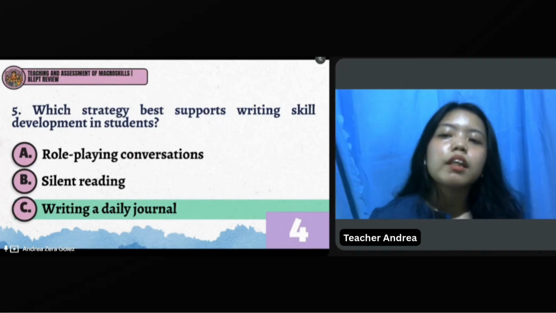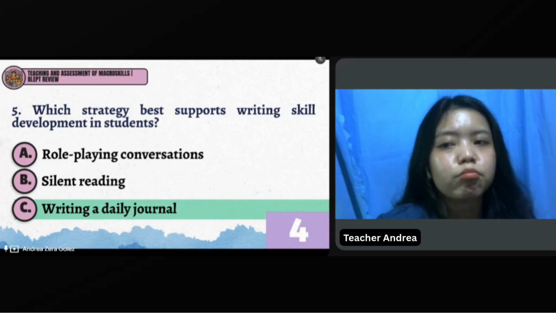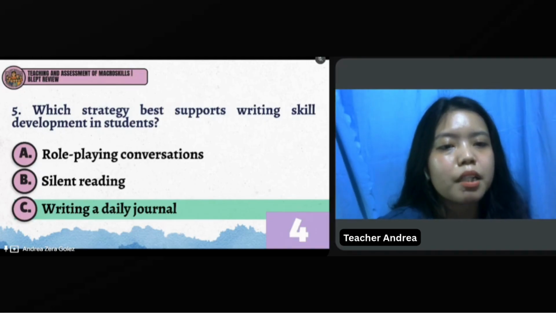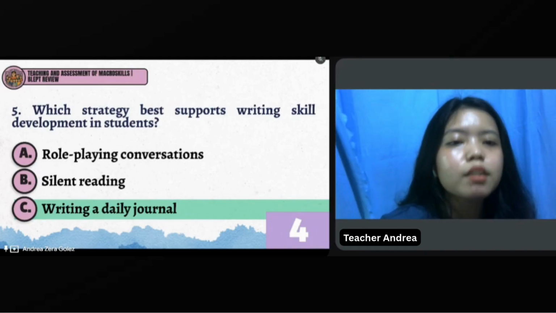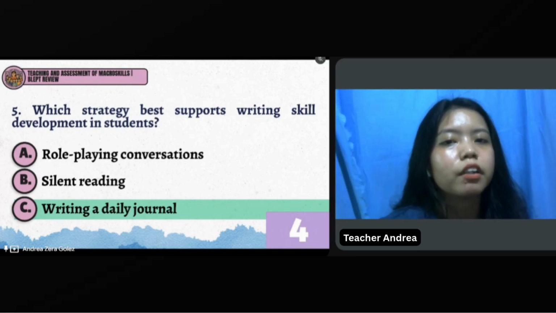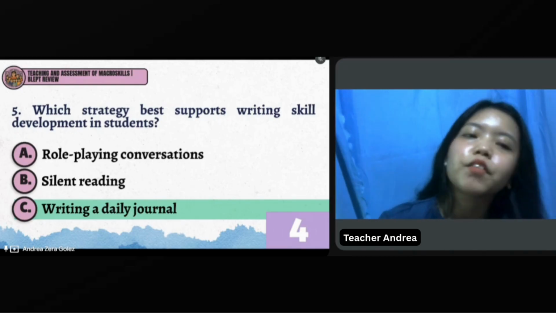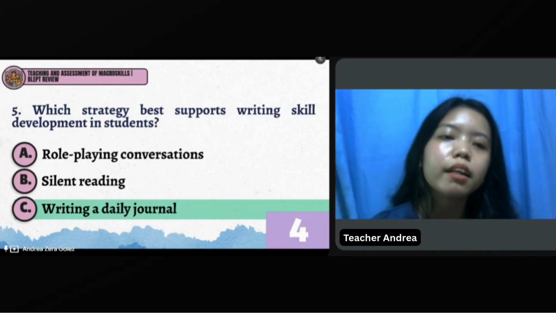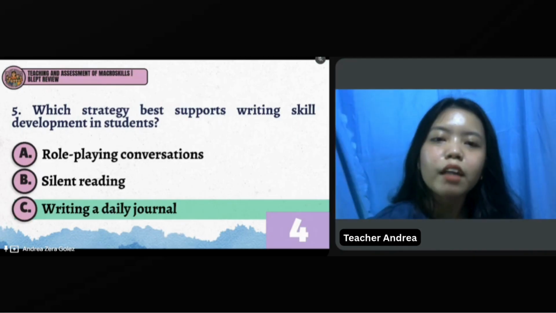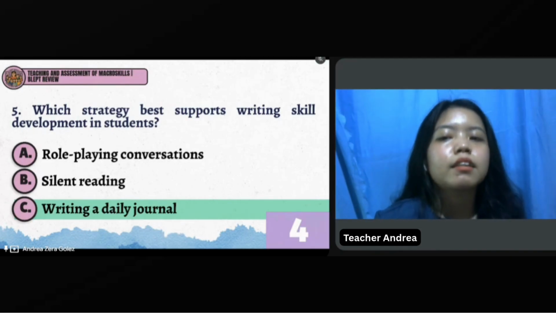So in here, it is not chosen. And letter B is also not chosen because silent reading is under what skill? Reading skill. Okay, very good. If you got it right, you are correct and very good. If not, go and study more.